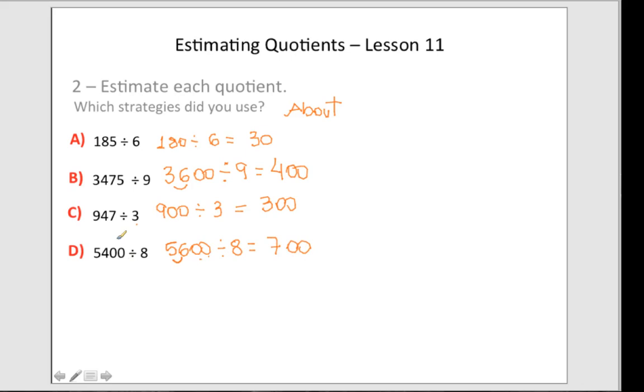So guys, which strategy did I use? I use compatible numbers, right? Which strategy? Compatible numbers. Oopsies. It is M, right? Oops, I will fix this.